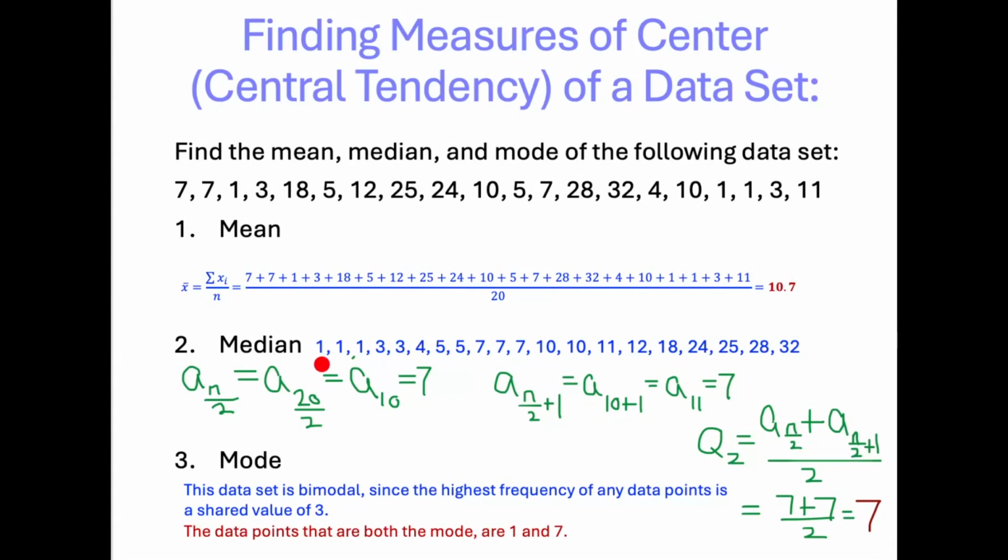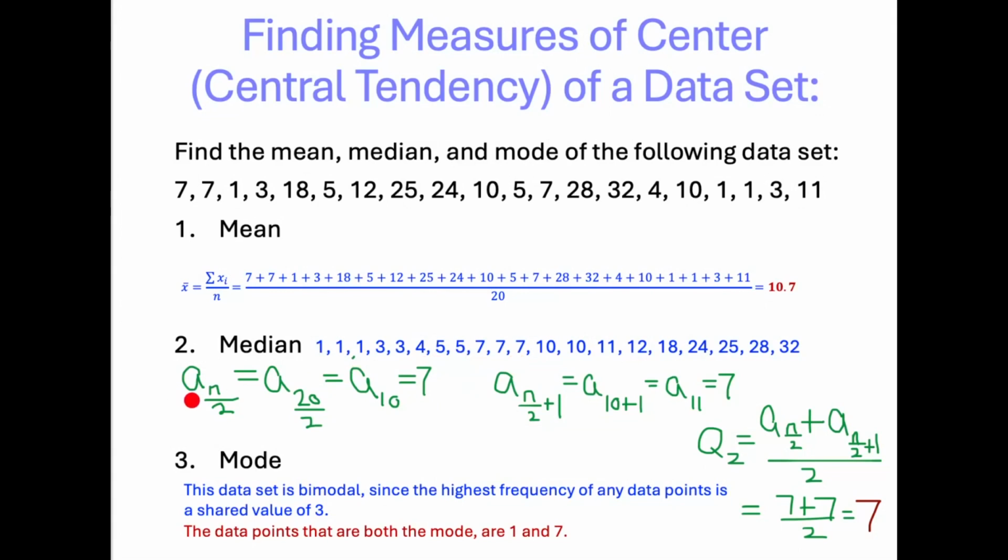So a sub 1 would be 1, a sub 2 would be 1, a sub 3 would be 1, a sub 4 would be 3, a sub 5 would be 3, a sub 6 would be 4, a sub 7 would be 5, and so on. So this little subscript just means the order it is in the sequence.